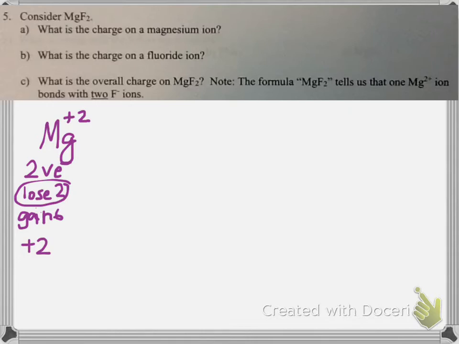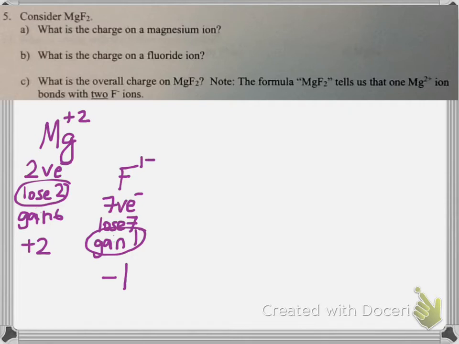Letter B, what is the charge on a fluoride ion? Fluoride is in group 7A, so it has 7 valence electrons. So it could lose those 7, or it could gain 1. It's going to gain 1, so it's going to have a charge of -1.